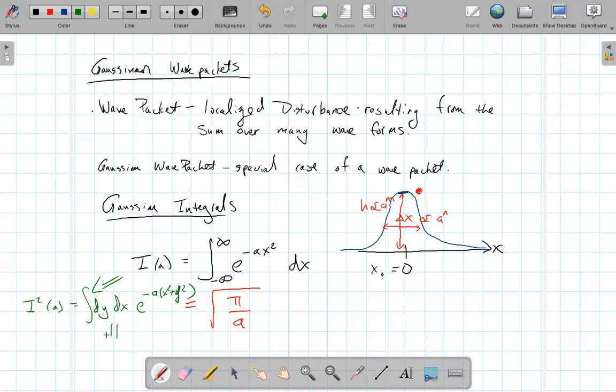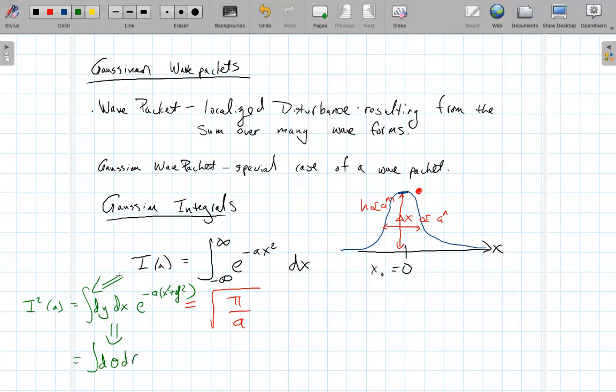From here, you turn this into a polar integral instead of dx dy. So you change this into an integral of d theta dr, and this becomes e to the minus a r squared times the Jacobian. You guys remember Jacobians from Calc 3?